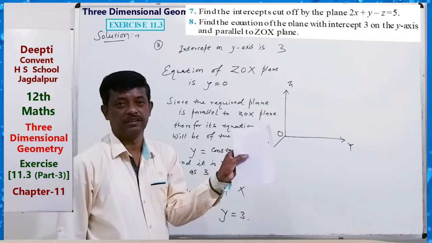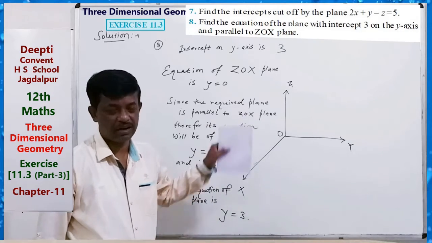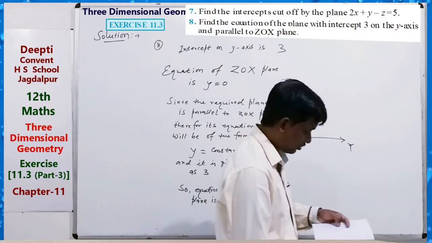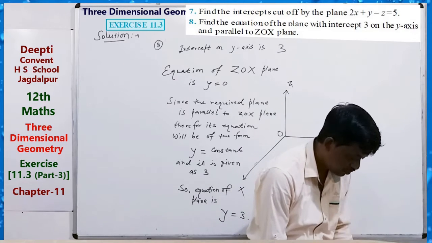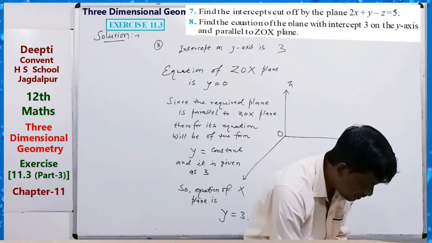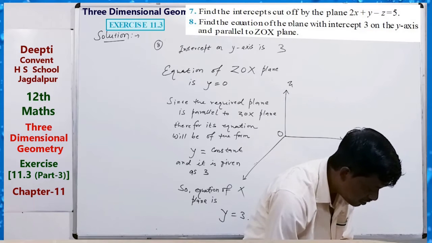Always, because it is a parallel plane. So the equation is y equals to 3. Clear? So we can see the answer here, 11.3, question 8.